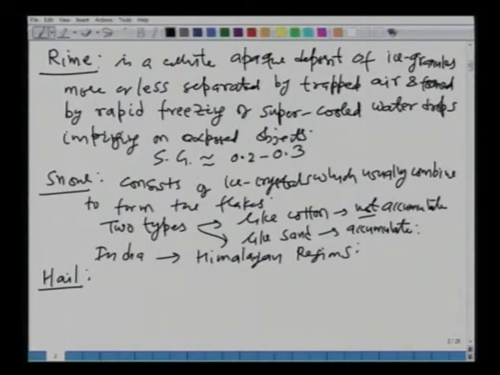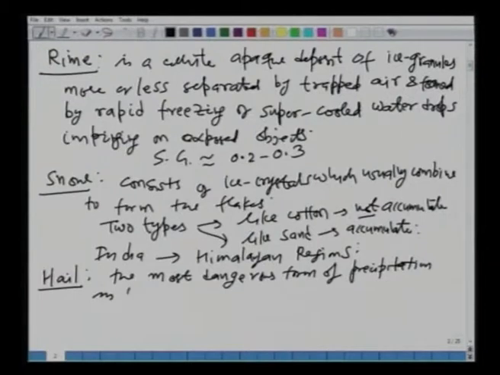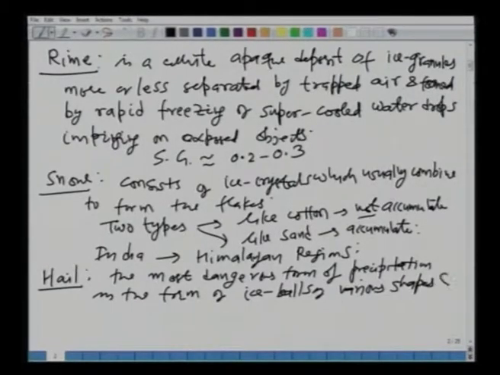So, it is the most dangerous form of precipitation in the form of ice balls of various shapes and sizes, all right, and this size is generally more than 5 millimeters.